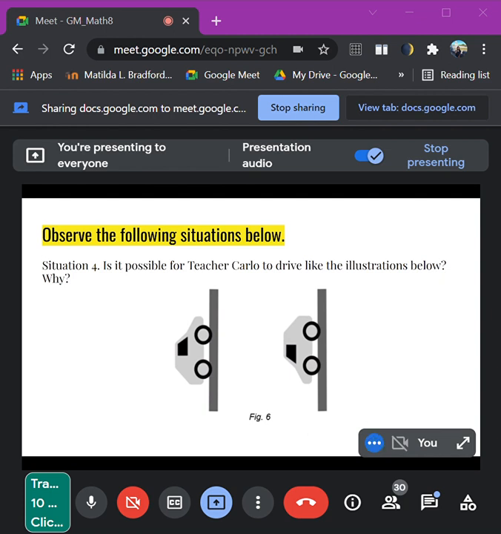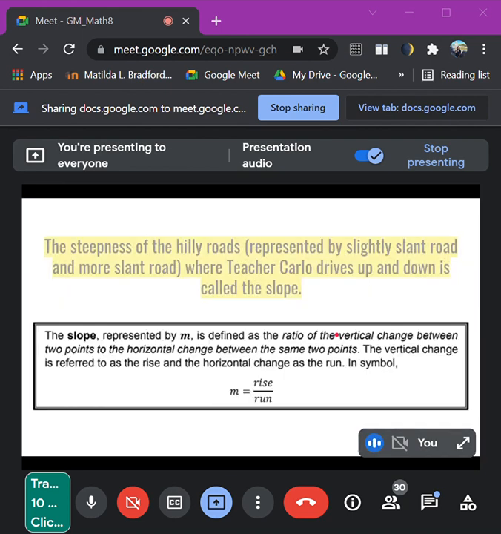Now here, class, in our figures here, we can also tell that the steepness of the hilly roads, represented by slightly slant road and more slant road, where Teacher Carlo drives up and down, is called the slope. Okay, so the steepness.